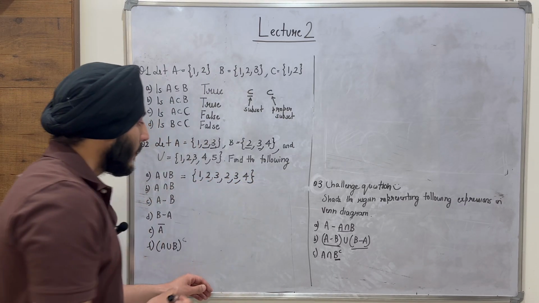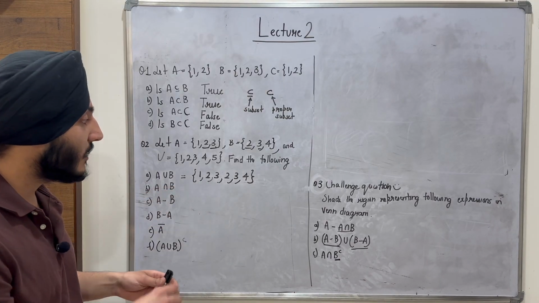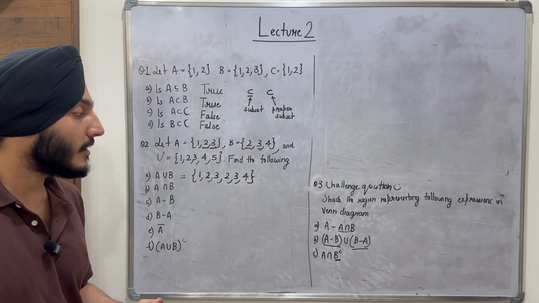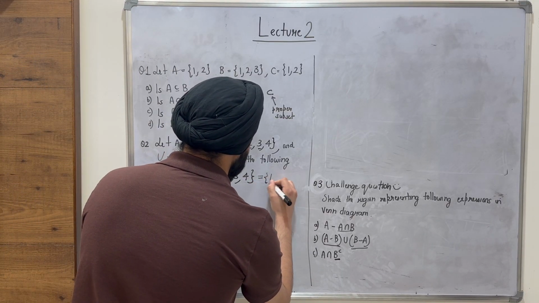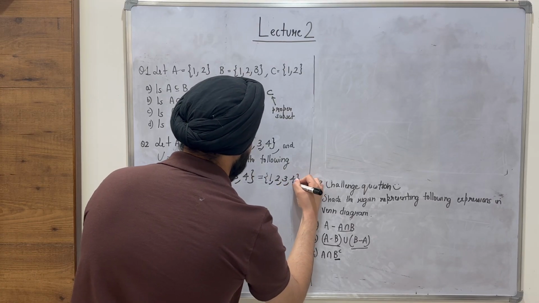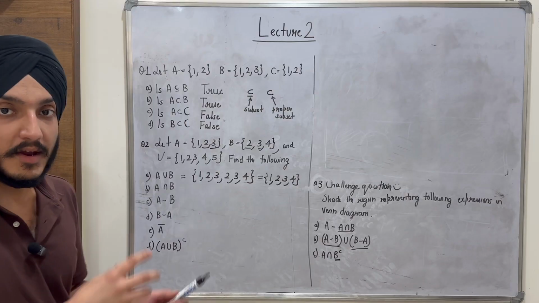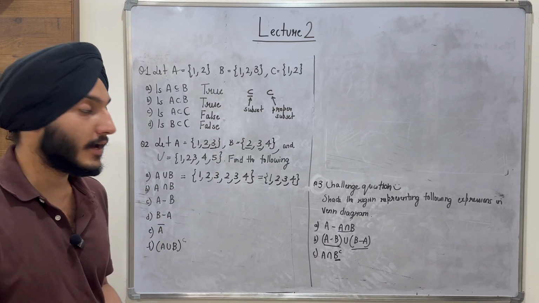Now, it doesn't matter if I write elements multiple times, because in sets, multiplicity does not matter. So in reality, this is just 1, 2, 3, and 4. I hope that makes sense. Basically, all the elements of A or B combined together in a single set.